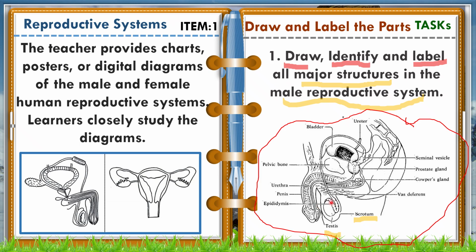And we have this small tube here. That small tube we call the epididymis. So from the testes, we go to the first tube, which we call the epididymis.